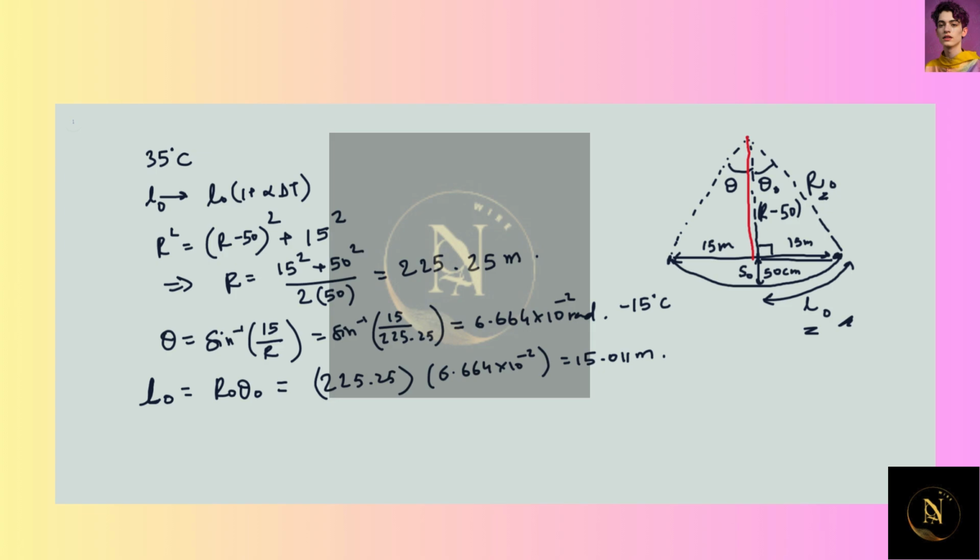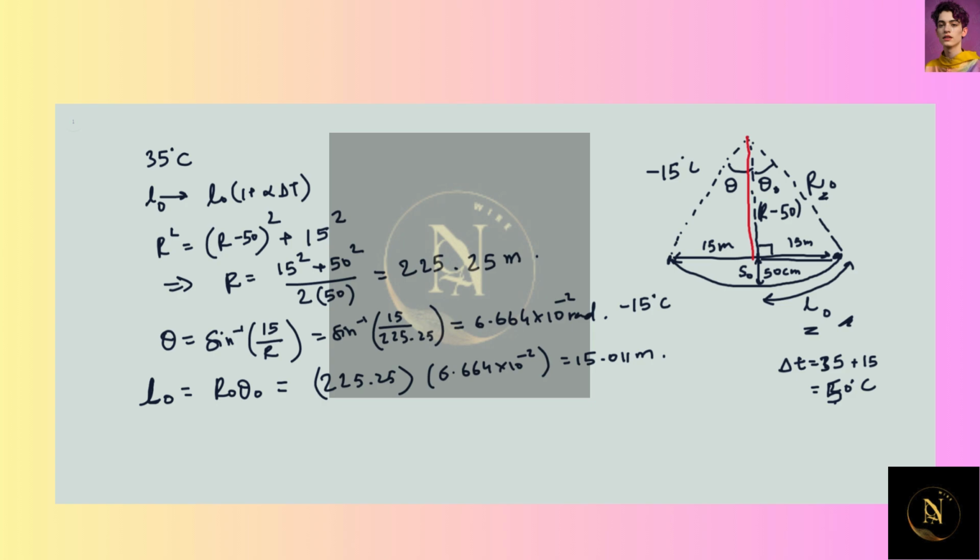Now, once the temperature goes to 35 degrees Celsius, the delta T is equal to 35 minus 15, which is 20 degrees Celsius. I'm sorry, the initial temperature was minus 15 degrees Celsius. So that's 35 minus of minus 15, which is plus 50 degrees Celsius.